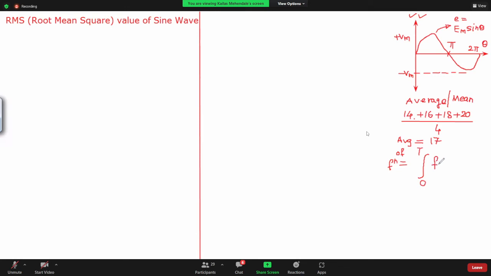So here I integrated the function over one cycle, and I divided by the cycle itself. This is how the average of a function is calculated. Using these concepts, we will continue further.